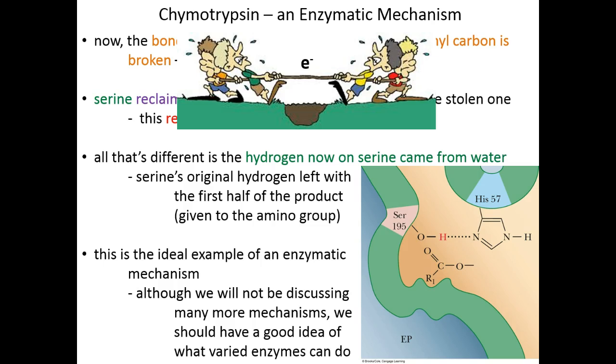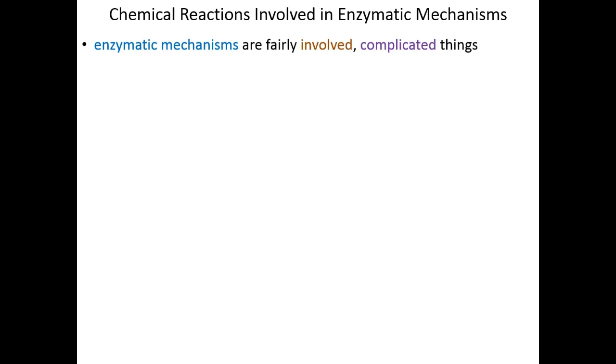Because covalent bonds are nothing more than shared electrons, really what we're pulling on are those electrons and the energy that they store. So let's broaden our scope a little bit here and talk about chemical reactions in general that we tend to see in enzymatic mechanisms. As you just saw, enzymatic mechanisms are fairly involved, dense, and complicated things.